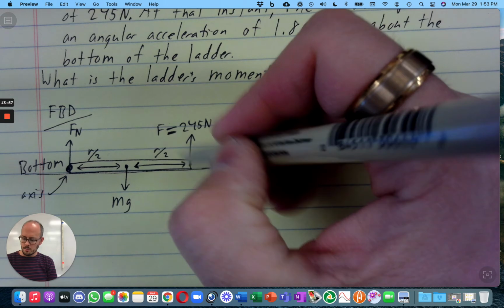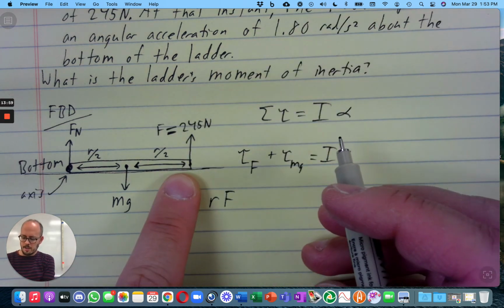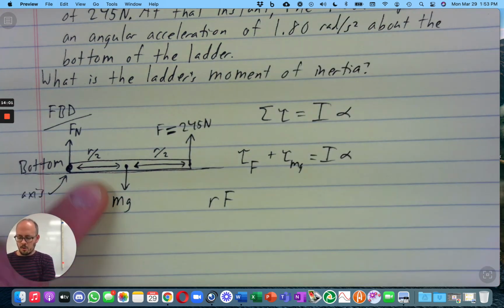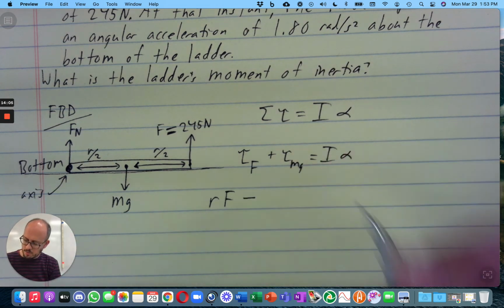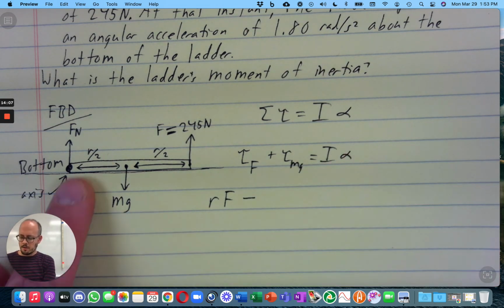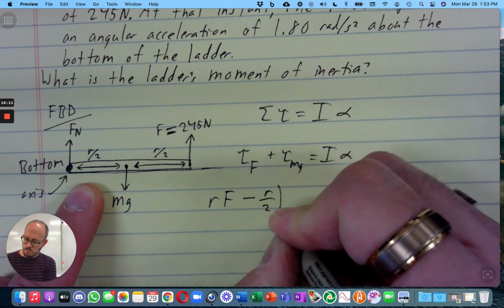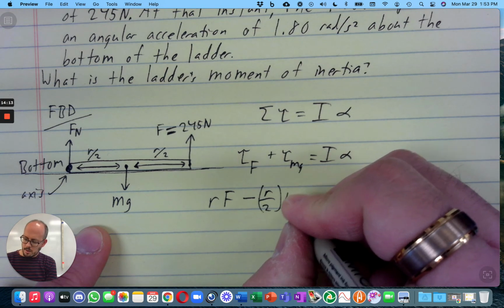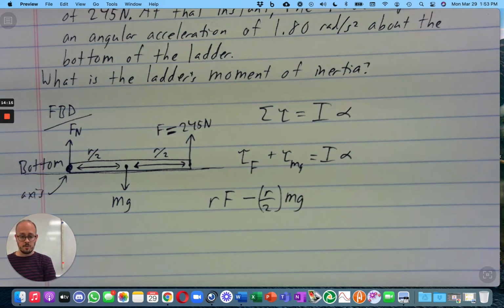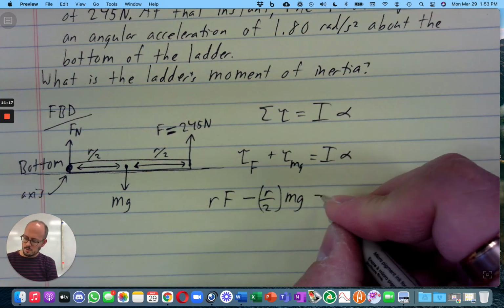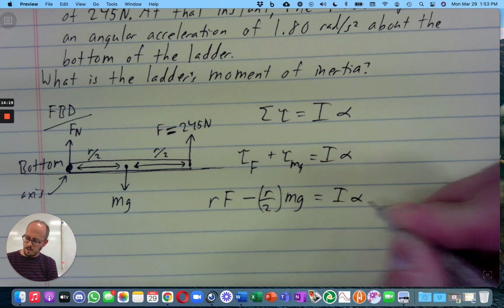So counterclockwise is positive, so R times F is the torque there. Now, the weight of the ladder, that's going to be a negative torque, so minus, and then the R for the weight is R over 2, and then mg is the magnitude of the force. And then that's equal to I alpha.